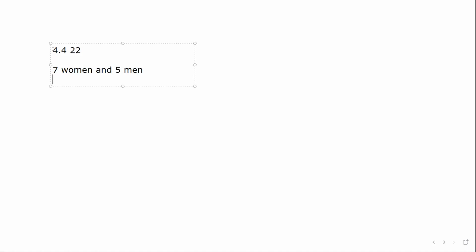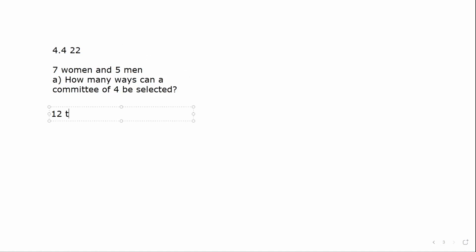And the first question, A, says, how many ways can a committee of 4 be selected? Well, you have to think about how many total people you have. You have 12, 7 plus 5, right? So there are 12 total people.